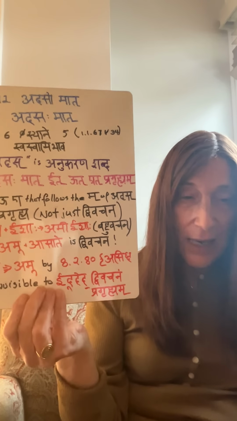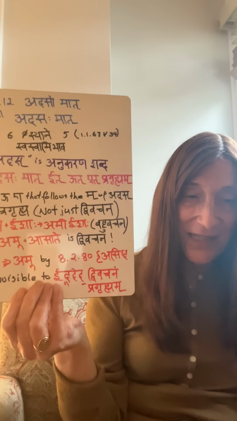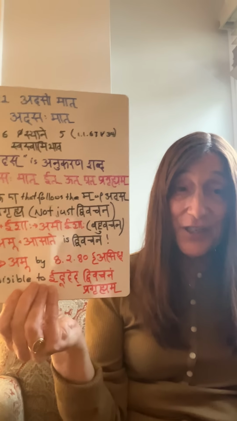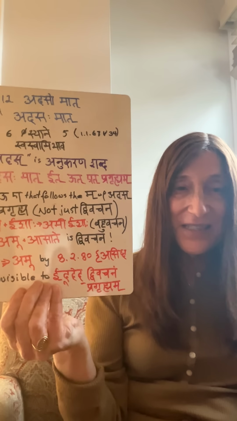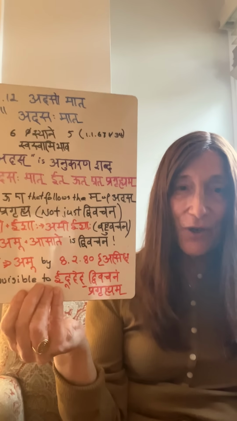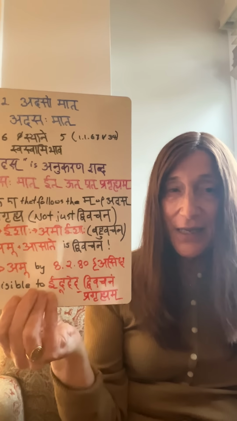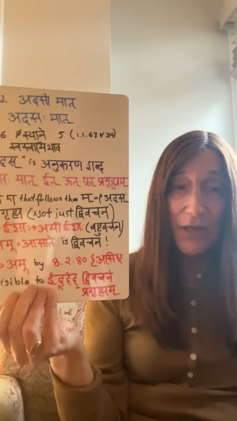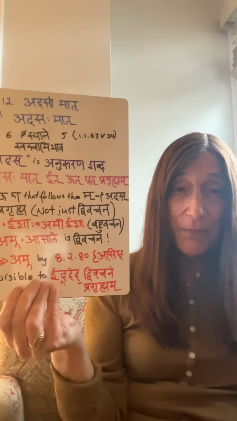Amu asate. Now, amu is actually dvivachana. So why is this an example of the adasomat? If it's already dvivachana, then idu de dvivachanam pragrihyam has it covered as being pragrihya.